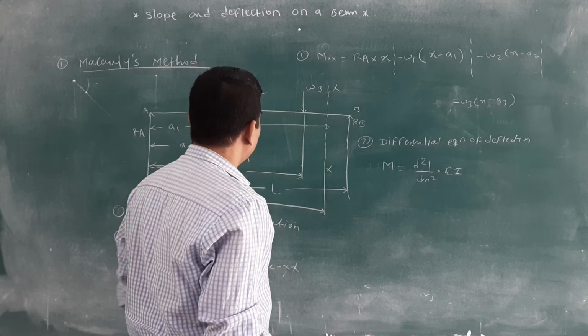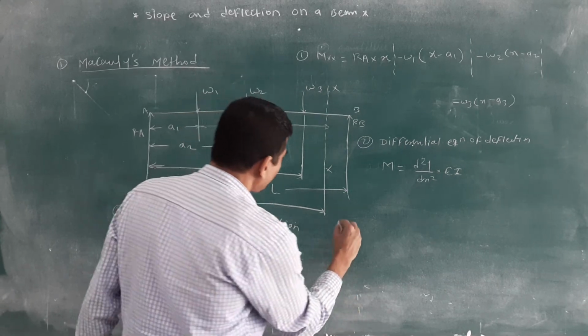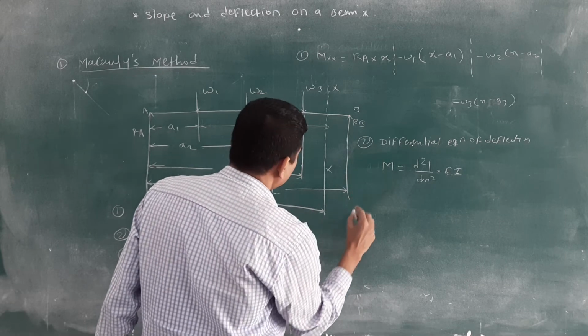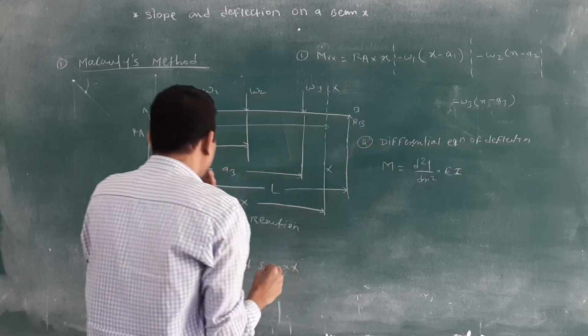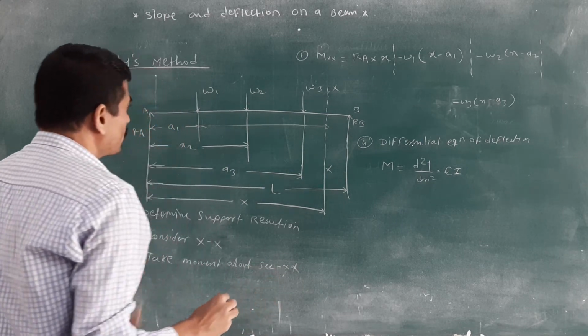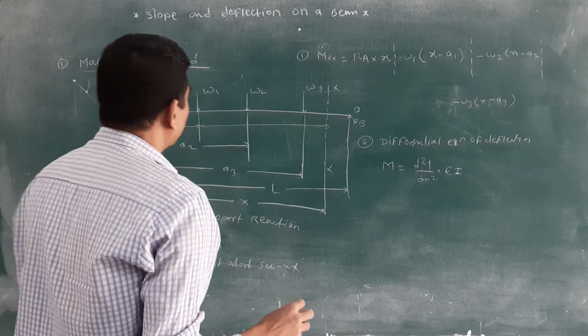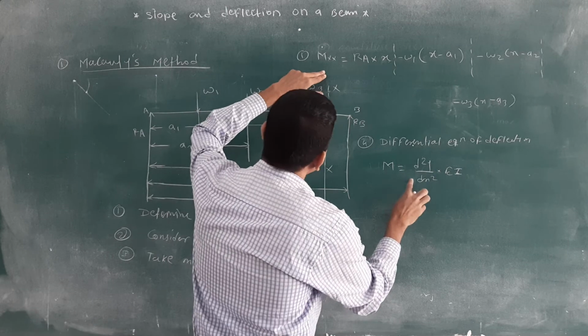Okay, then next I will put this value. Step number 4: you have to remember the differential equation of the deflection. Then what is Mxx?